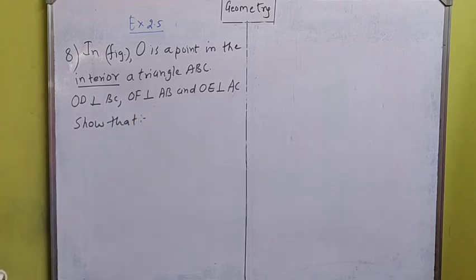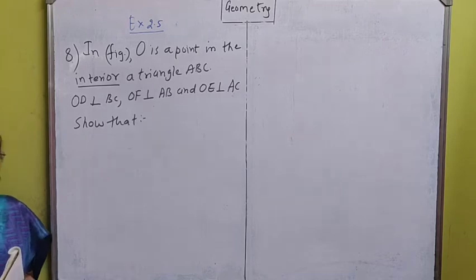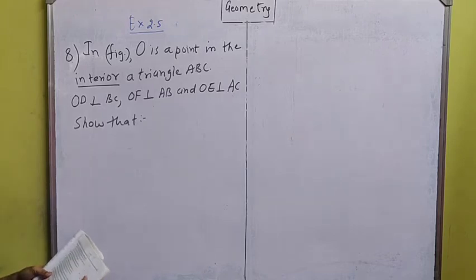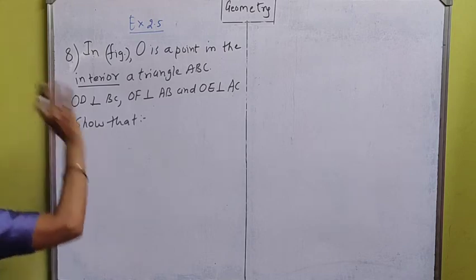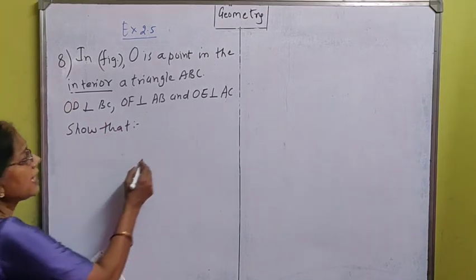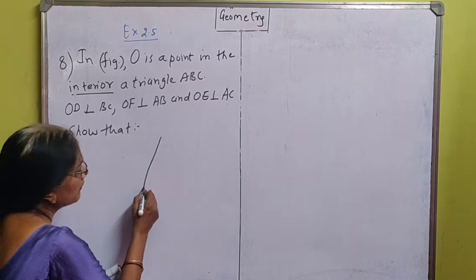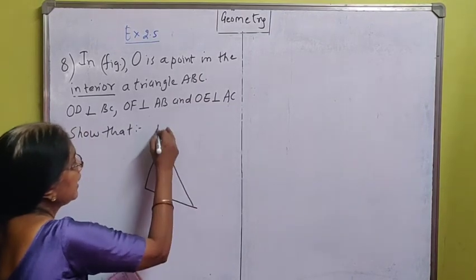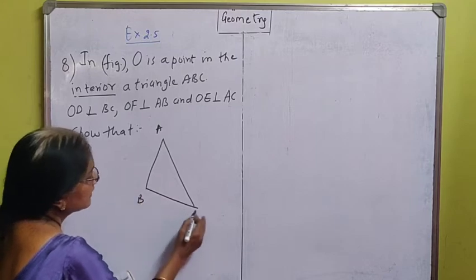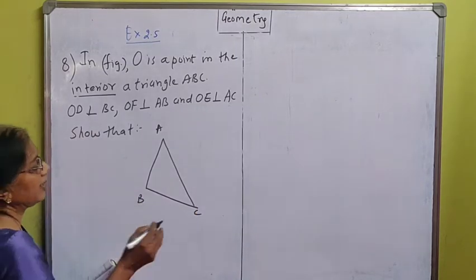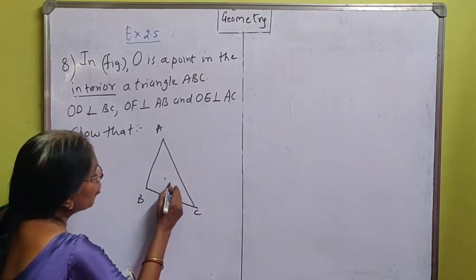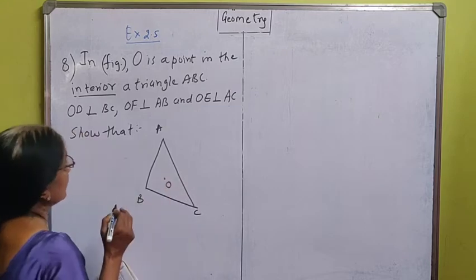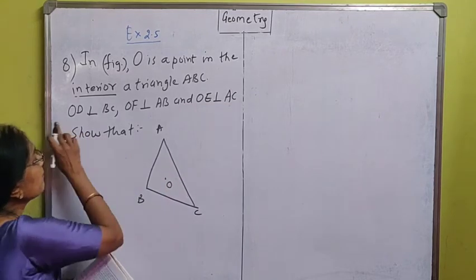First, we are going to take the first part. What is that first part? That first part I will write afterwards. First, I will draw the diagram. ABC is a triangle. O is a point inside the triangle. So, he has given perpendiculars.